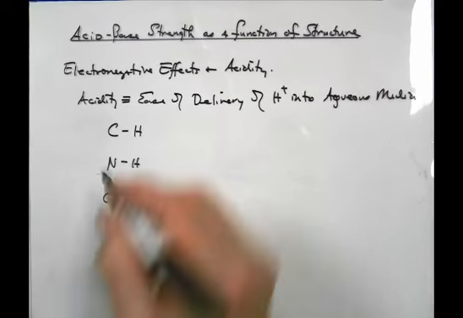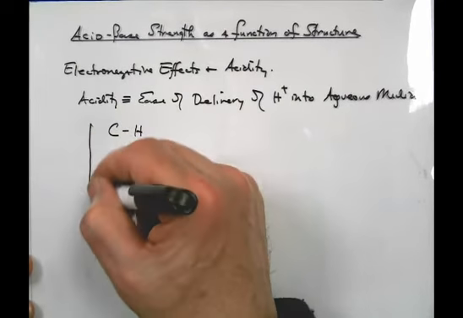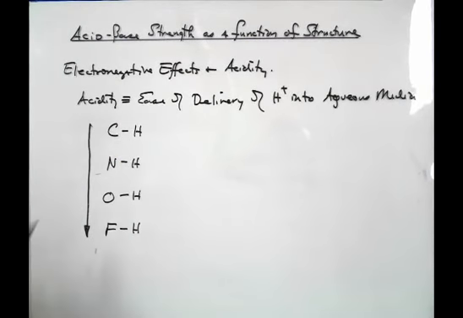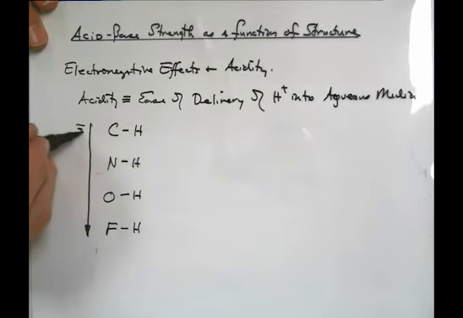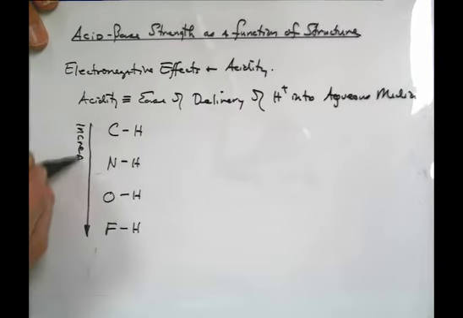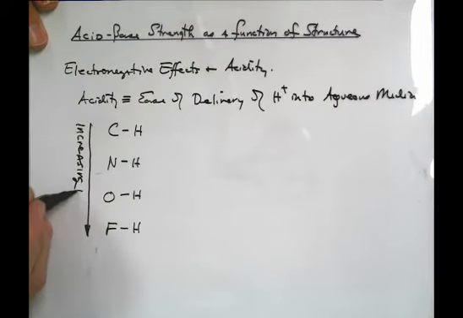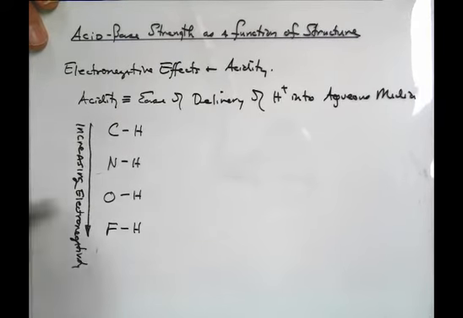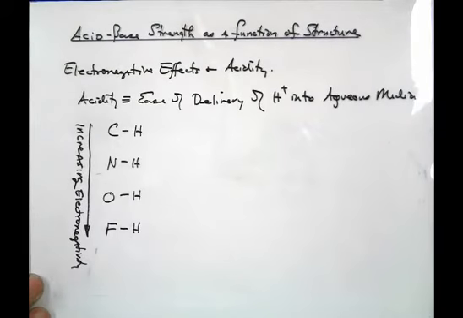We see right away that as you proceed from carbon to fluoride, we have increasing electronegativity. Well, this increasing electronegativity increases the polarity toward the central element.